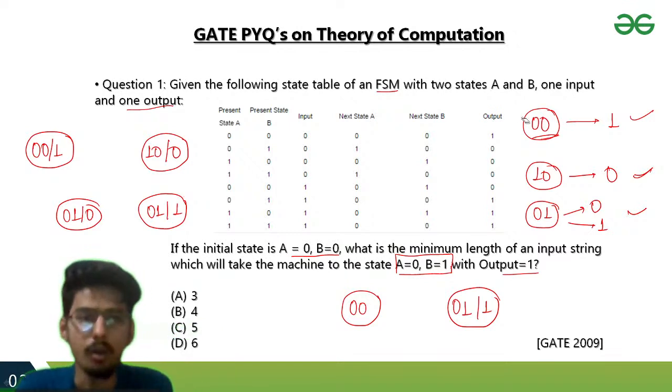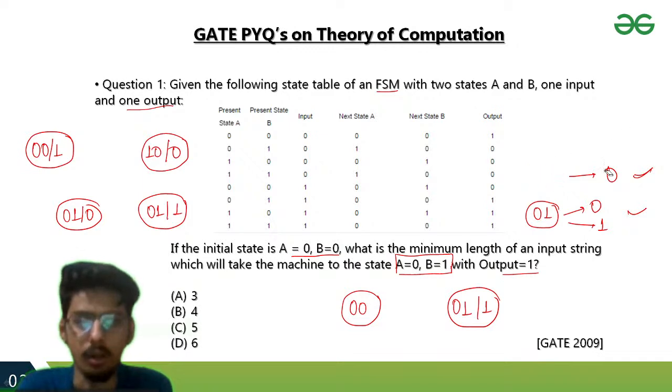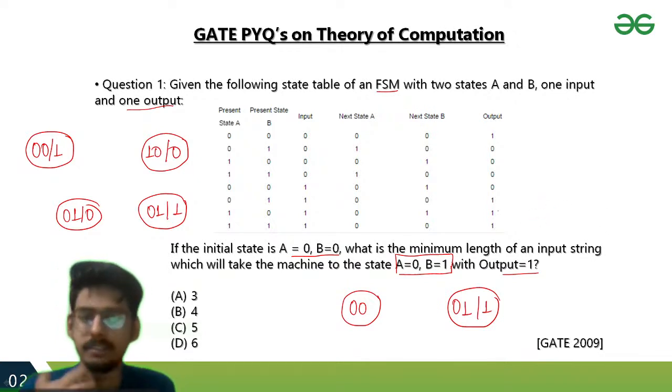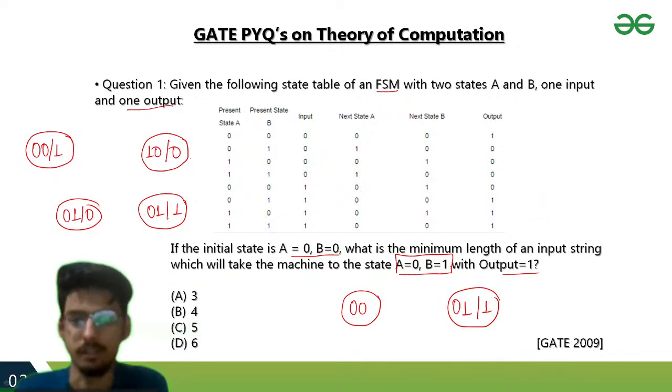Now nothing more is left. I just have to look at the table, and on the basis of that I will make the transitions. So now let's start. 0 0 is our initial state. It is said over here that a equals 0 and b equals 0 is our initial state.